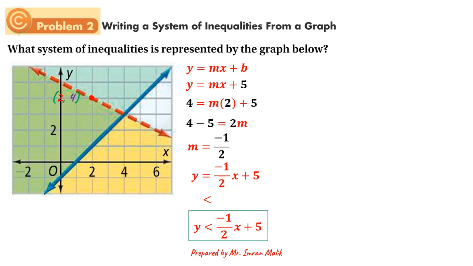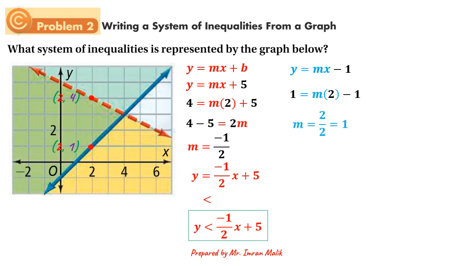Applying the same method for the blue line, we can say that the y-intercept of the blue line is negative 1. So our equation looks like y is equal to mx minus 1. Once again, choosing a point on the blue line, for example 2 and 1, and substituting it into y equals mx minus 1 for x and y, we get 1 is equal to m times 2 minus 1.